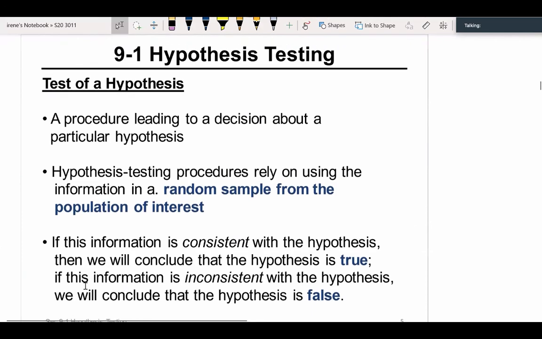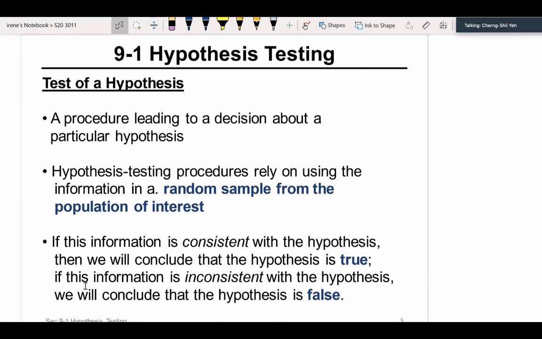So, what is hypothesis testing? It helps us to draw a conclusion about the hypothesis. We always conclude from one of the two hypothesis statements. We either conclude H0 or we conclude H1. But the most important thing is you have to set it up correctly so you can draw the correct conclusion.